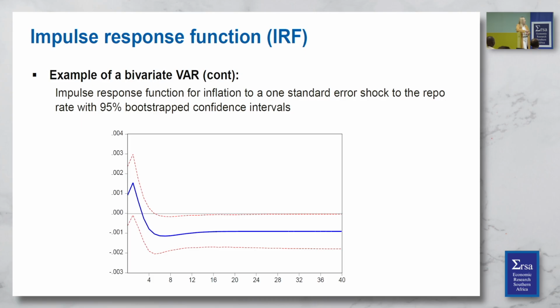And the thing is, we see that even here, how we interpret this, we have these 95% bootstrap confidence intervals. We can only claim that the impact is down and significant when both of the bands are on the same side of the zero line.